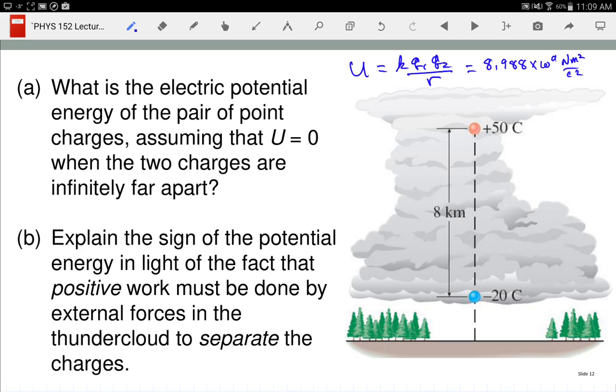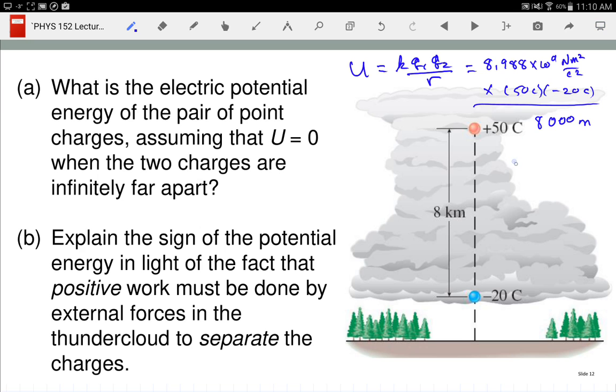That times 50 coulombs times minus 20 coulombs, all divided by 8,000 meters. Okay, 50 times 20 is 1,000. We have the minus sign. So I'm going to have 1,000 divided by 8,000 is 1 over 8.